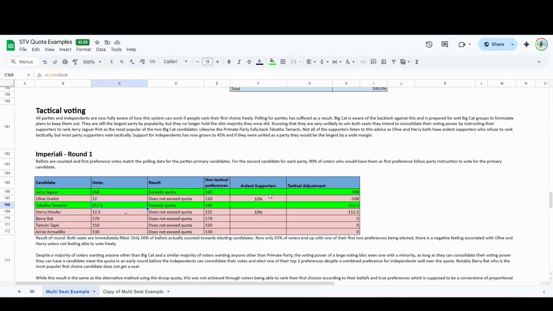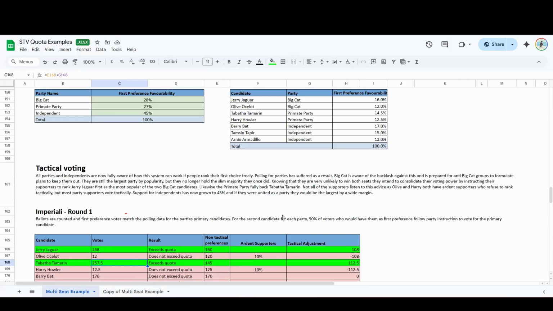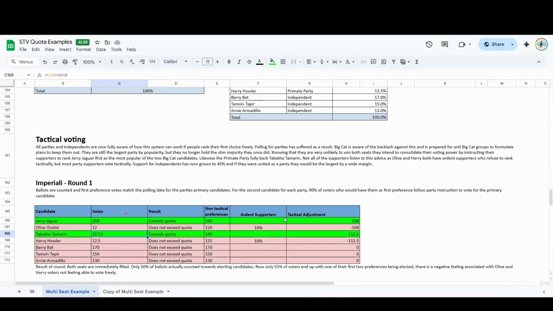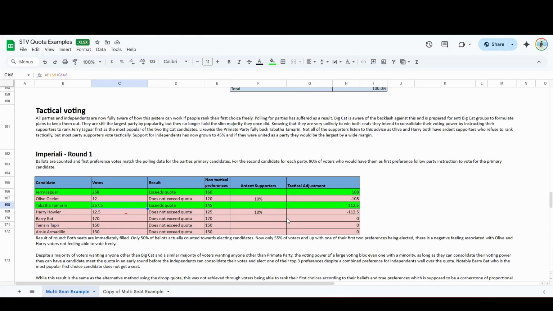Now, the Primate Party and the Big Cat Party have both managed to, in round 1, consolidate their vote enough, even though they are only 28% and 27% favourable to the entire jungle, that in round one, the vote is once again done. We've elected a big cat and we've elected a primate party.